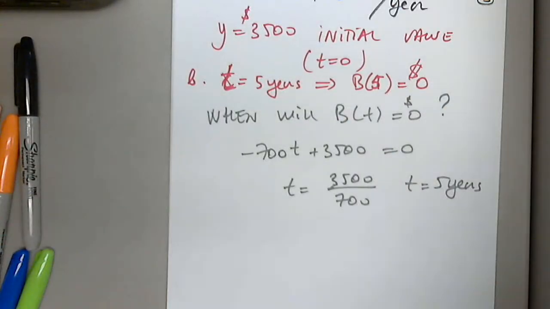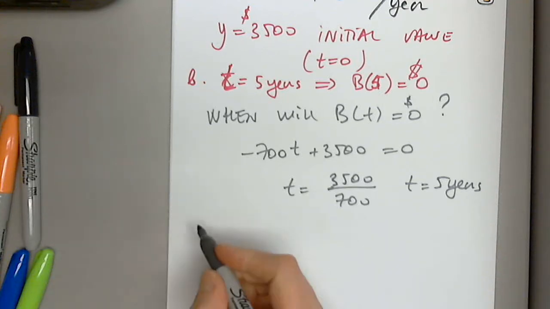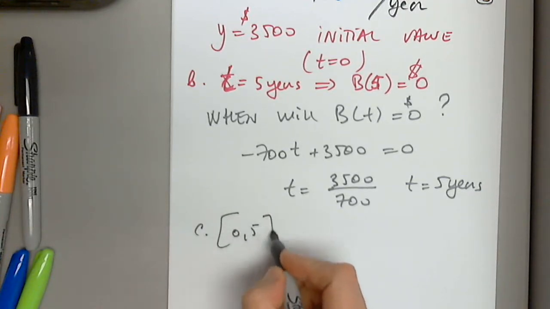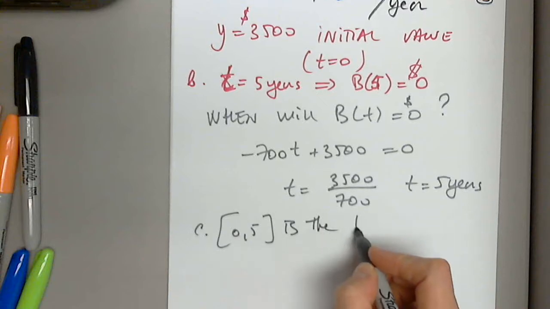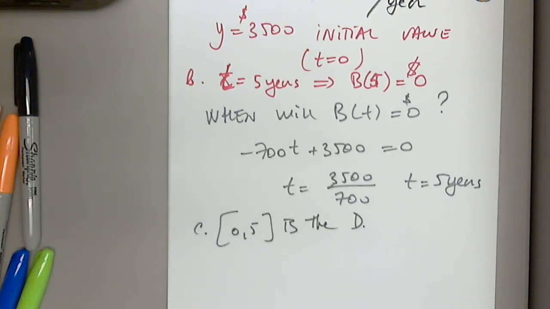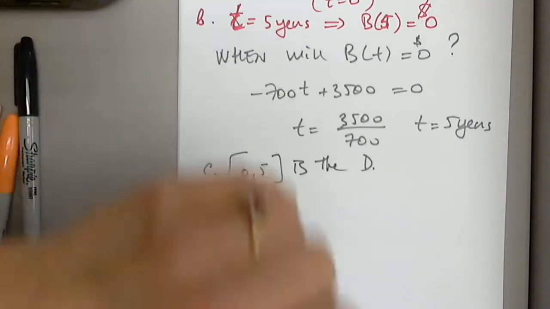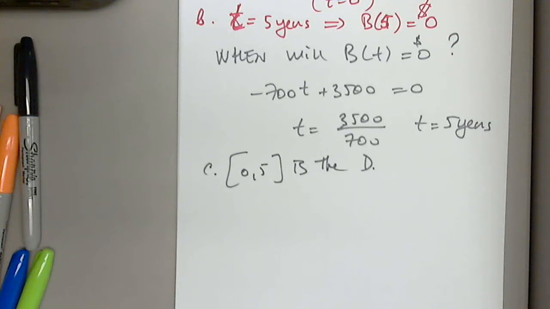So domain, just the domain, not the range. 0, comma 5 is the domain of this function. That's part C. Absolutely. Although we know that a linear function is defined everywhere, for this it is very clear.